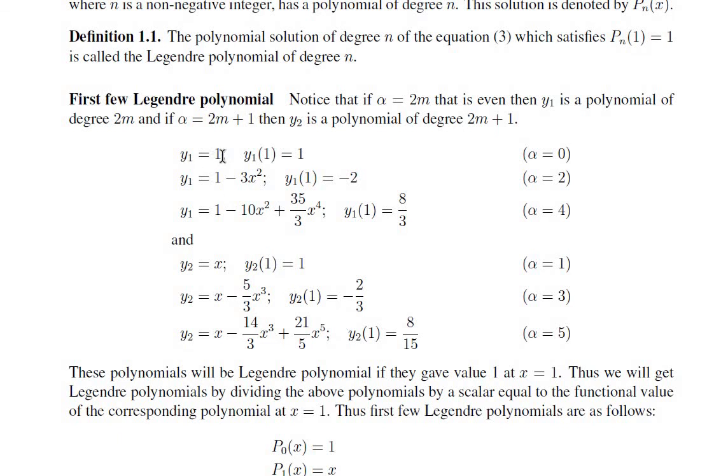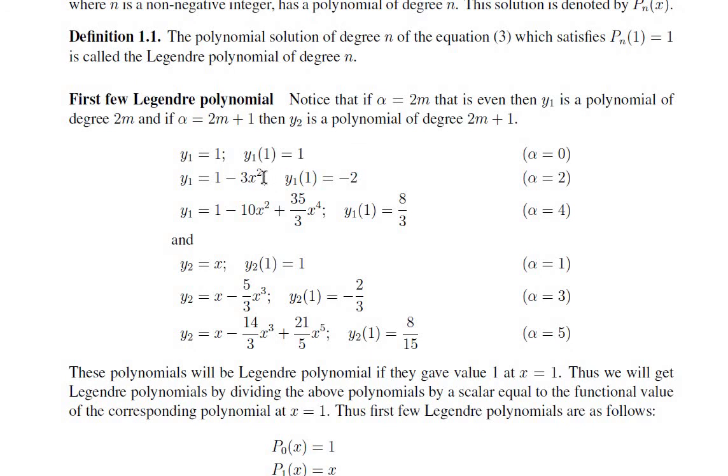Since y1 at 1 is equal to 1, and that is a solution of that equation, the only thing that we have to assure is that the value is 1 at 1. So we have to divide by 1, so Pn(x) will be 1.